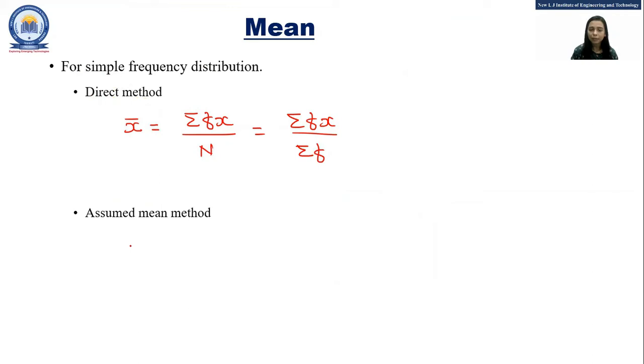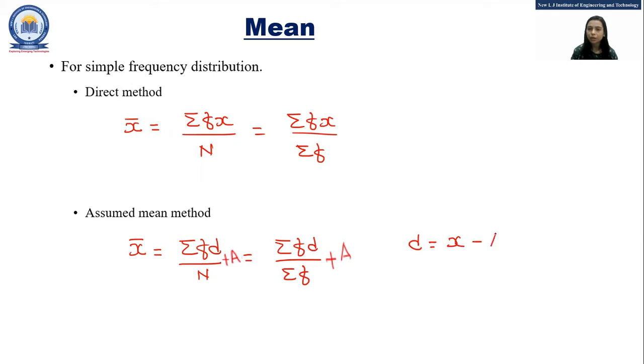And the assumed mean method is x bar equals a plus sigma fd upon capital N, that is sigma fd upon sigma f. Now what is d? d is the deviation of the observation from the assumed mean, where a is the assumed mean. You can take any value as an assumed mean.